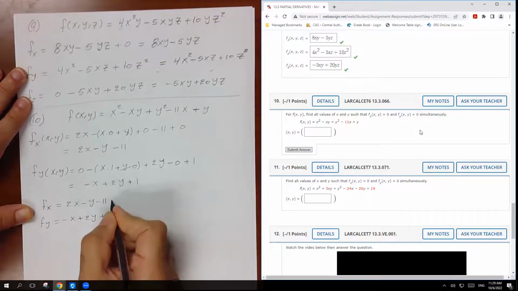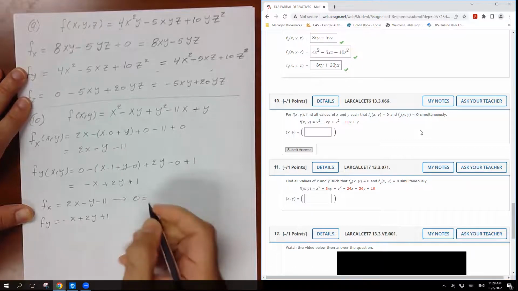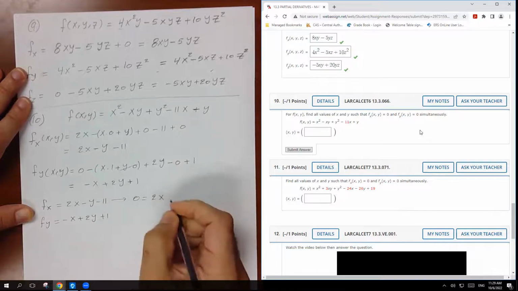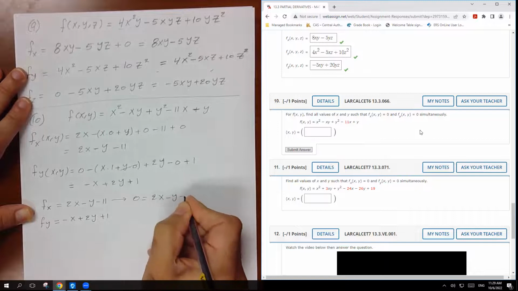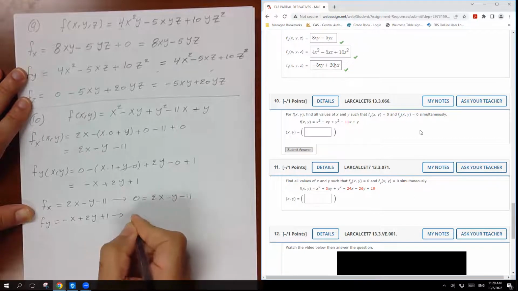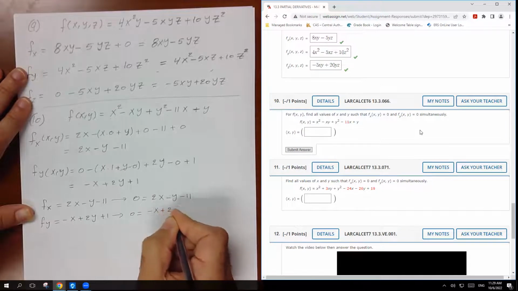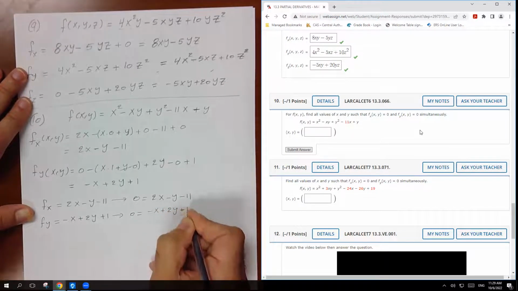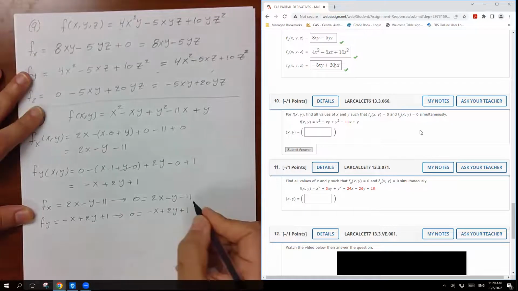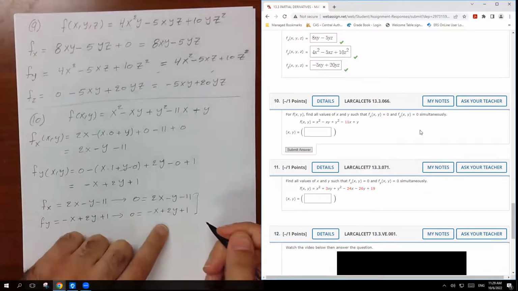This is 0. That means 0 equal 2x minus y minus 11. And this one is 0, so it'll be negative x plus 2y plus 1. Now we need to solve this system. I have a system of 2 equations.